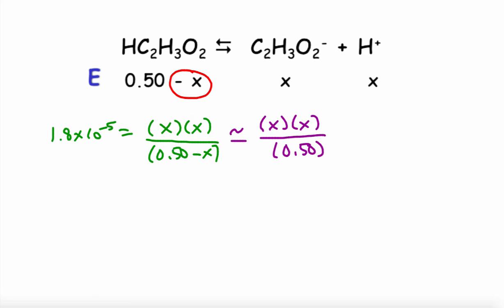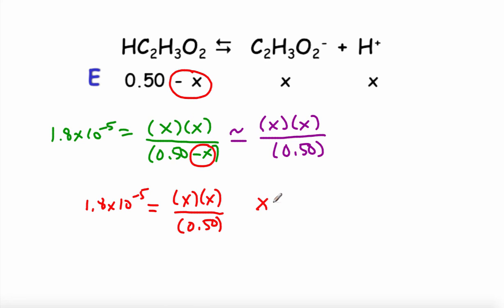So it might be helpful now to write out the entire expression here in red to show how we would solve that. So when you're dealing with a weak acid, we can make an assumption. Remember, that assumption is that this amount is small in comparison to the molarity of the solution, therefore we can ignore it. And we use that to make solving the problem a little bit simpler.